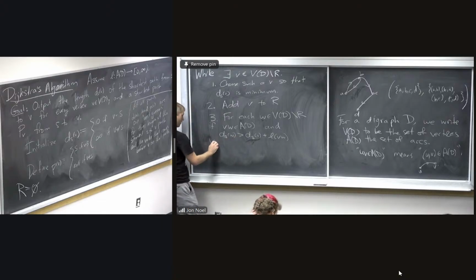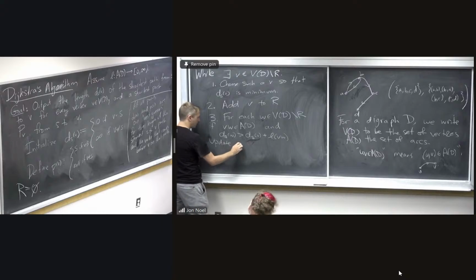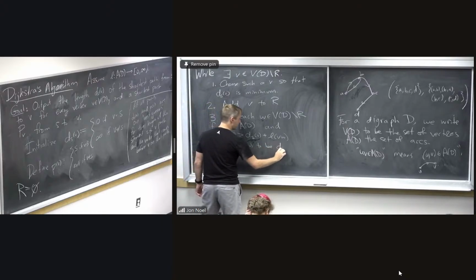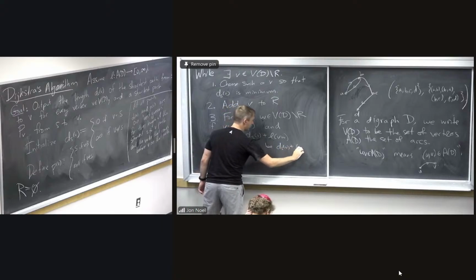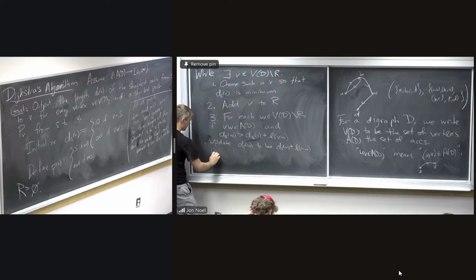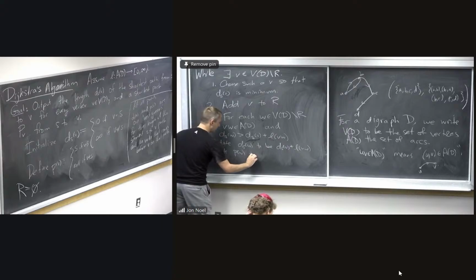So update ds of W to be ds of V plus the length of VW, and update P of W to be V.